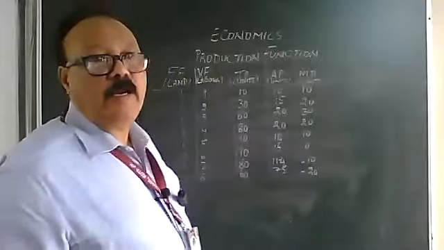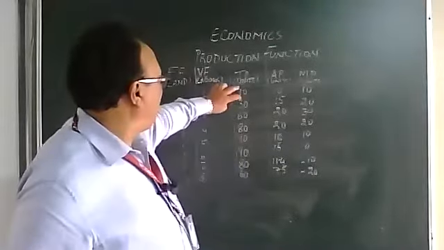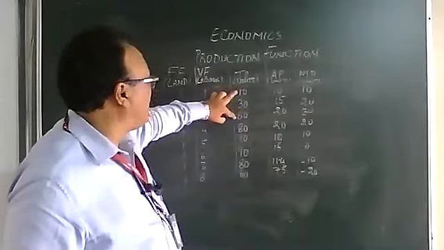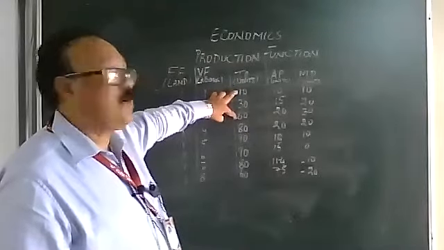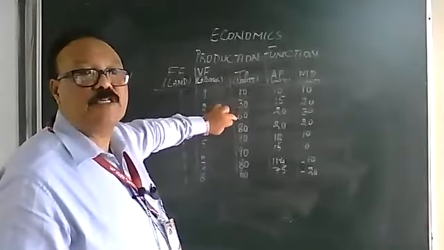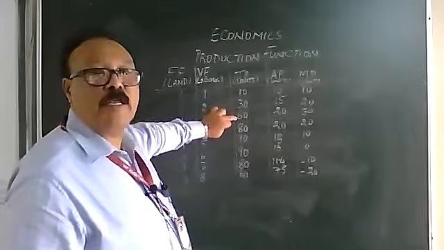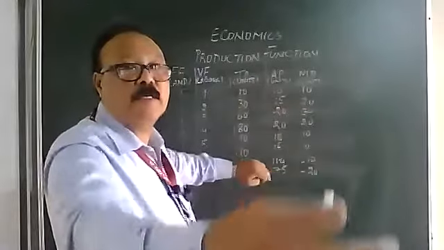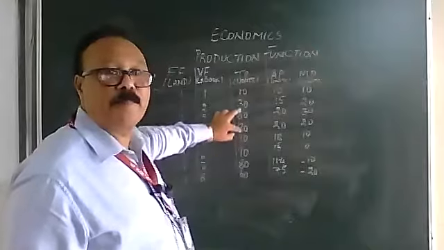What do you see in TP? Initially, TP is increasing at an increasing rate. What do we mean by increasing rate? Directly from 10 it becomes 30, 30 becomes 60. After that, if it was increasing, it would have become 120 where it doubles itself. But here it is increasing at a decreasing rate.